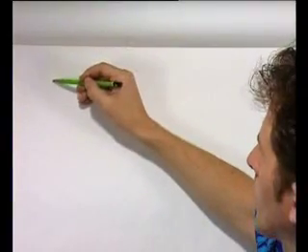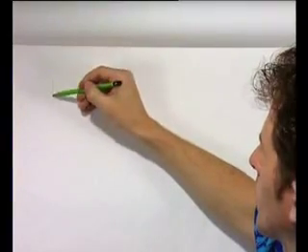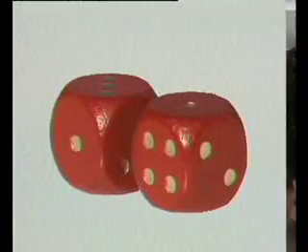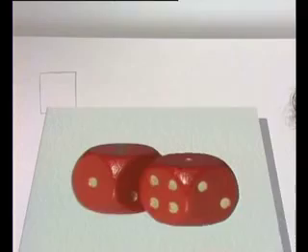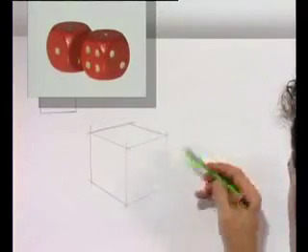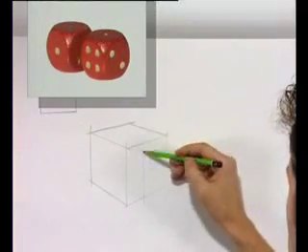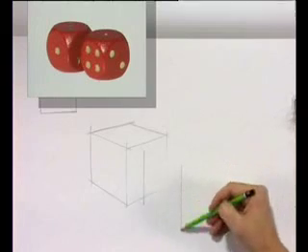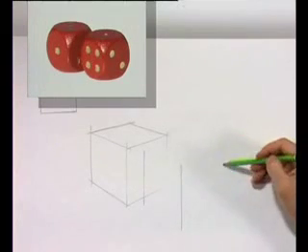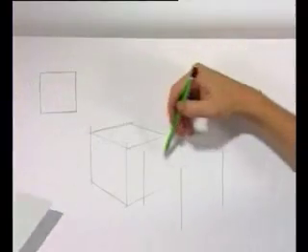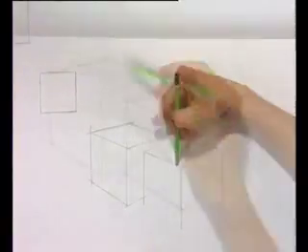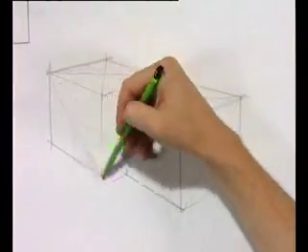Let's move on to the square and cube. Many objects around us have this shape. Take a dice, for example. Even here we're dealing with a basic shape.